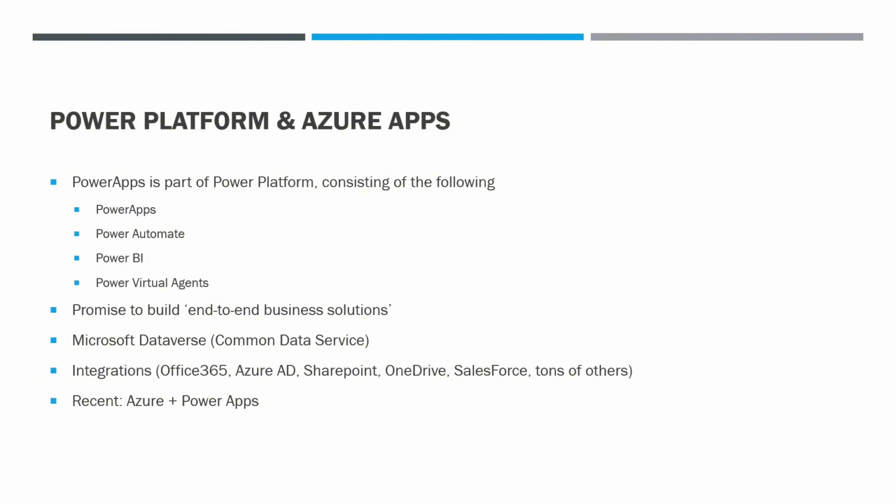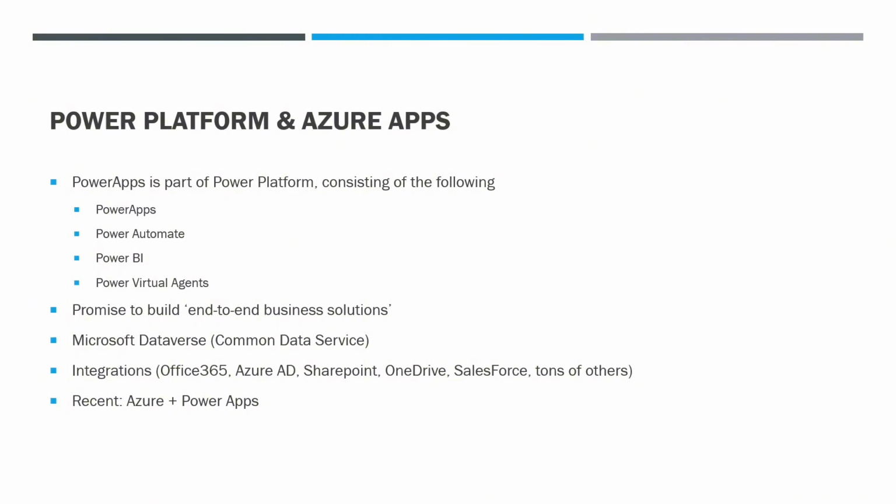So the integration with Office 365 suite of applications, including SharePoint and OneDrive, is there with Power Apps. Similarly, Azure AD integration or connectors are also available. And there are tons of other connectors, including all the popular ERP connectors. As I said, you have Facebook, Twitter connectors as well. You have all the other connectors for the popular systems you integrate with.